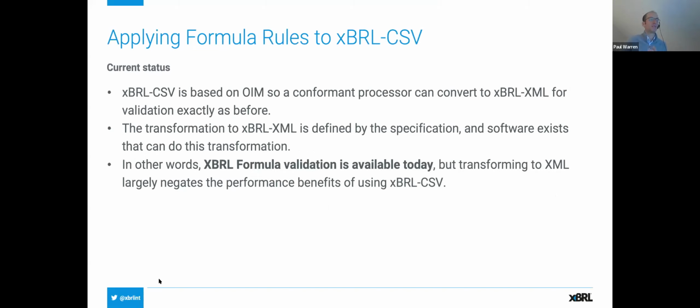But of course, the reason we want to use xBRL-CSV is often because of its more efficient representation, its smaller file sizes. And if you have to convert to XML, then you lose that advantage. So formula validation is available today, but using it via the XML channel largely negates the performance benefits that you expect to get from using it.